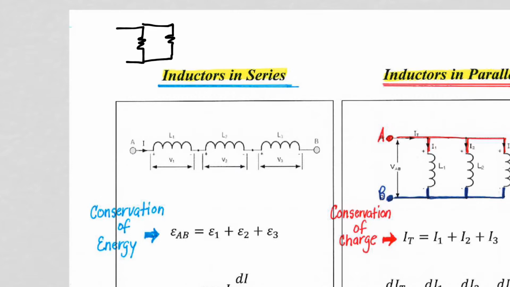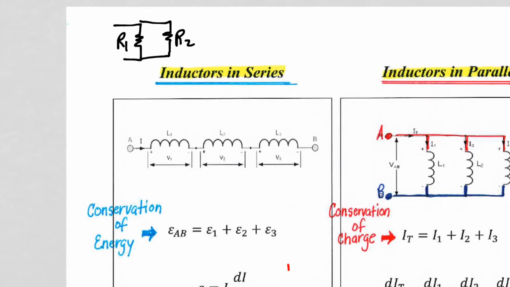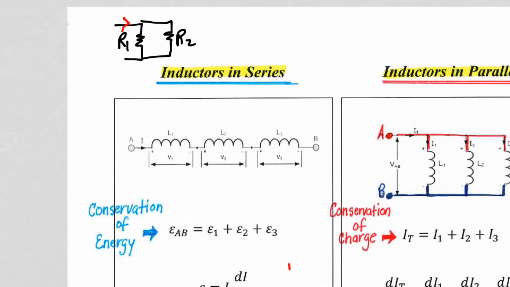Resistors resist against the flow of charge, so path of least resistance, right? We have the current coming in, it hits this junction, it will either naturally flow more to R2 or to R1, depending which one has the lower resistance.